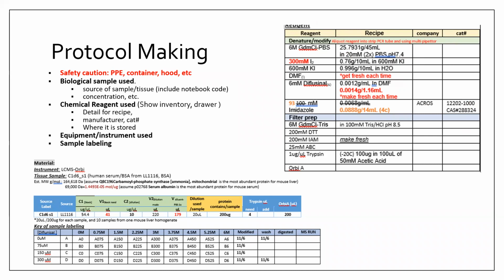And then also make sure you put down the manufacturers and the catalog number of the chemical. So if you want to order the same thing later, you have those references already.